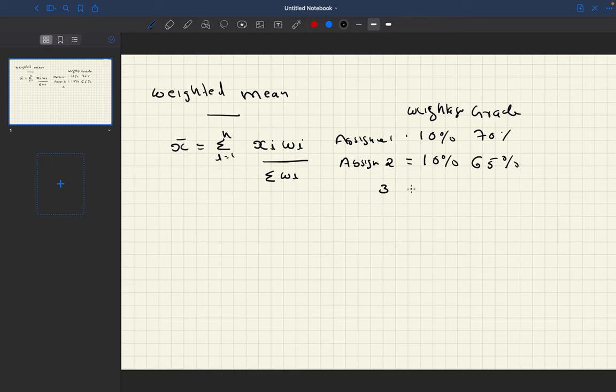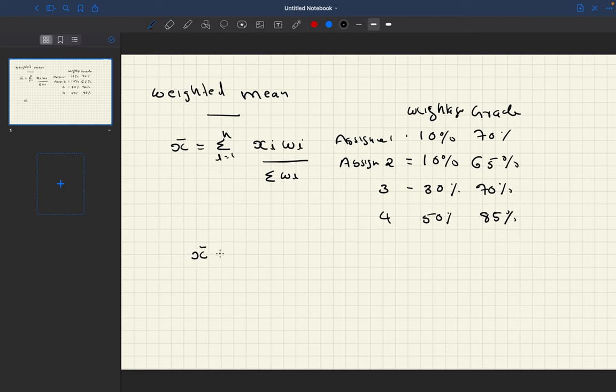Then for assignment number 3, suppose the weightage is 30 percent and the grade is 70 percent. For assignment number 4, it is 50 percent weightage and we have 85 percent grade.